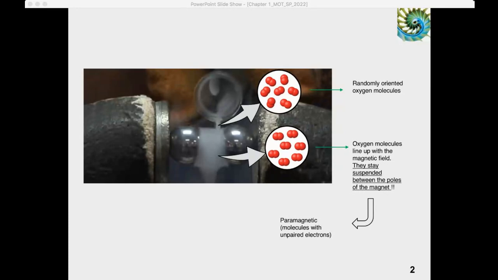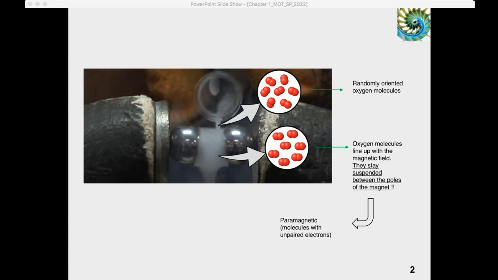When the liquid oxygen is not in the magnetic field, the molecules of oxygen are completely disoriented, randomly rotating. Amazingly, when the liquid oxygen goes through the poles of the magnet, the oxygen molecules are capable of orienting themselves toward the magnetic field.